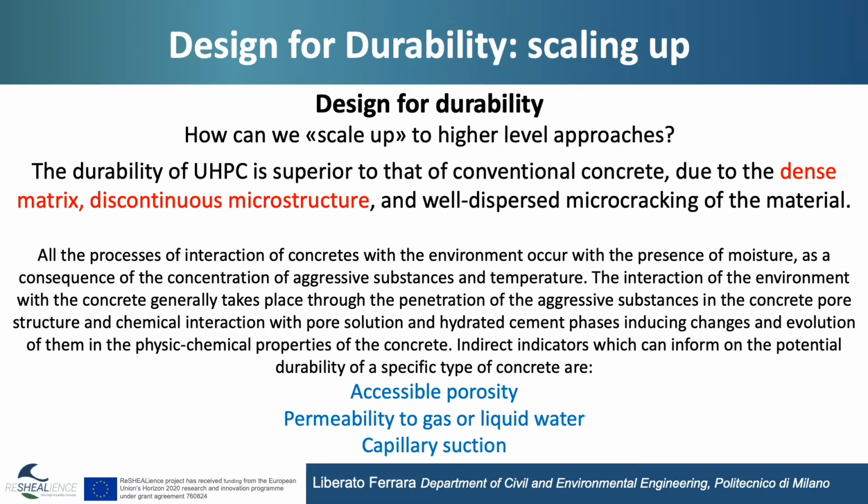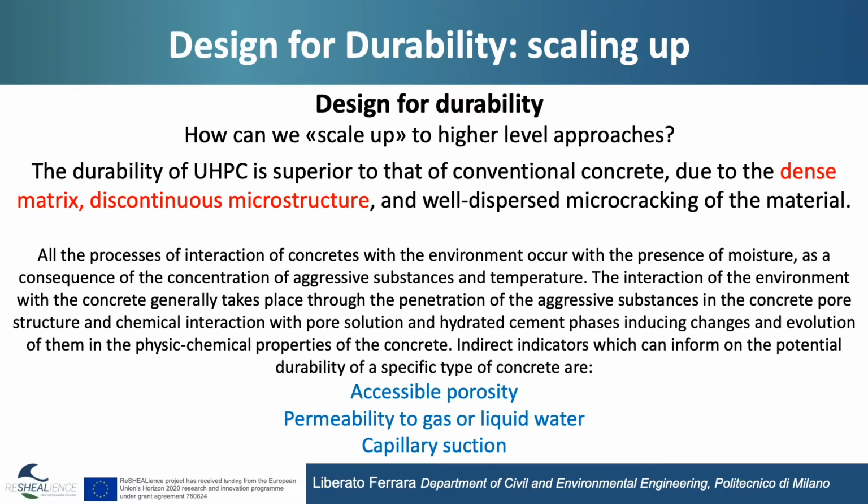So, in a first instance, we have to look into transport properties. So, indirect indicators, as listed there, can inform on the potential durability of a specific type of concrete as related to its resistance to transport, and they are accessible porosity, permeability to gas or liquid, and capillary suction.